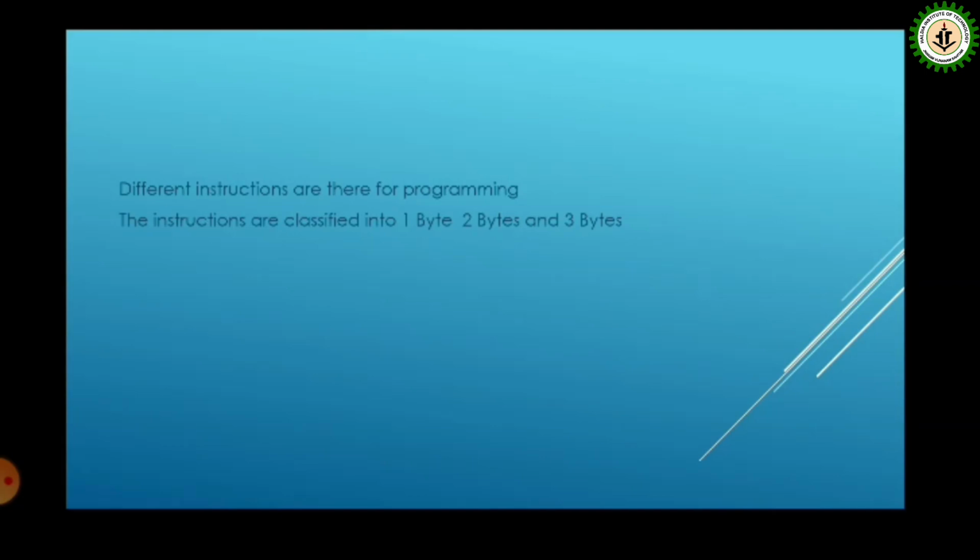That is, if we change the algorithm and flowchart for the same problem, the programs will be different. So, the programmer should write a program in such a way that it consumes minimum space.